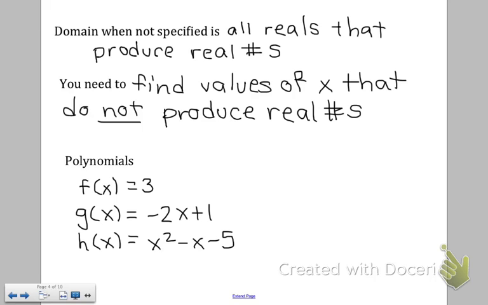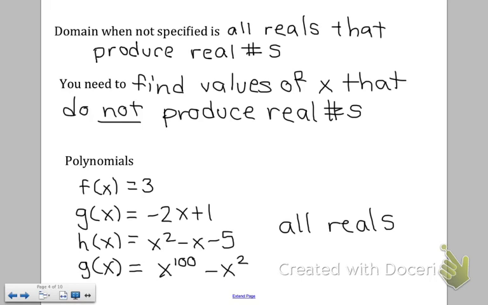We could also have something like g of x equals x to the 100 minus x squared. Don't let that x to the 100 throw you off. Any real number I plug in, I'm going to get out a real number. So anytime you come across a polynomial, your domain will always be all real numbers.